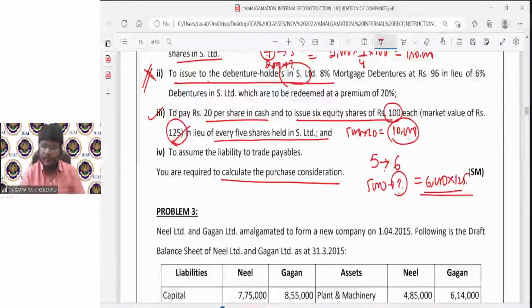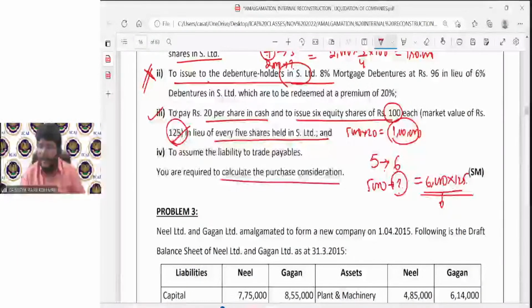Amount payable to equity shareholders, how much? This is 1 lakh, na? I'm so sorry. We are completely depending upon calculators, na? That's why we even forgot how to calculate.